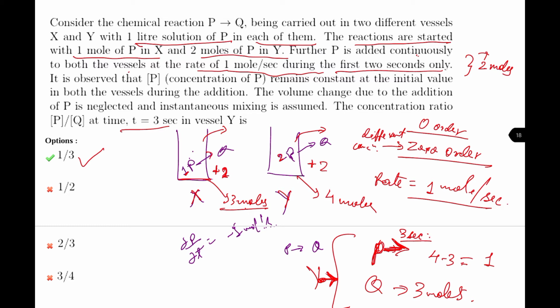Then it is observed that concentration of P remains constant at initial value in both the vessels during the addition. So if the concentration of P is the same, that means the rate of reaction is 1 mole per second.